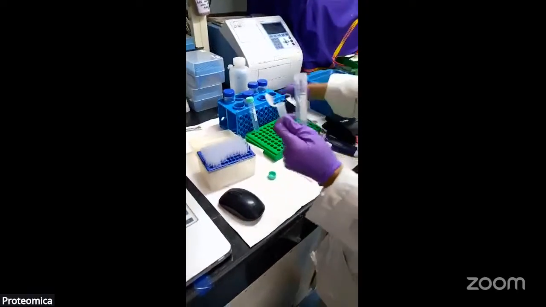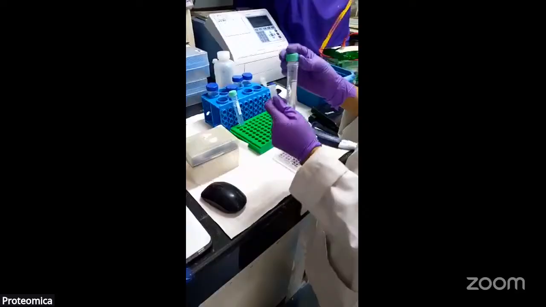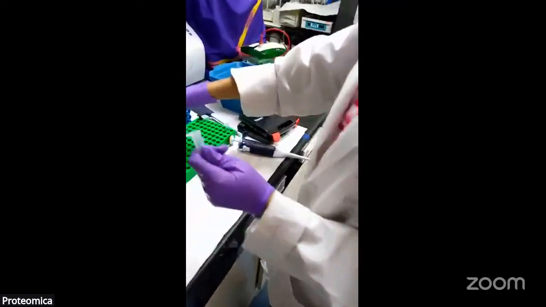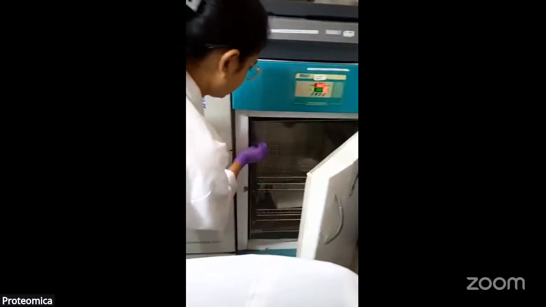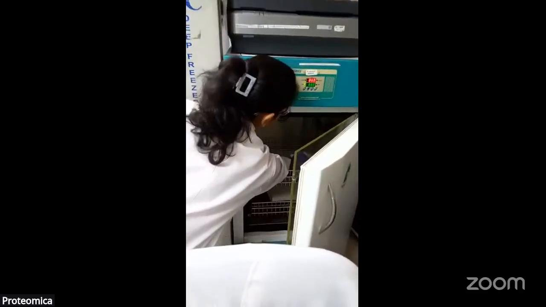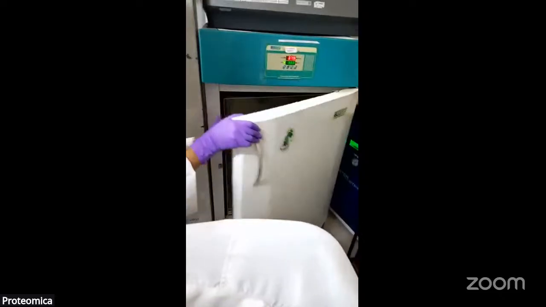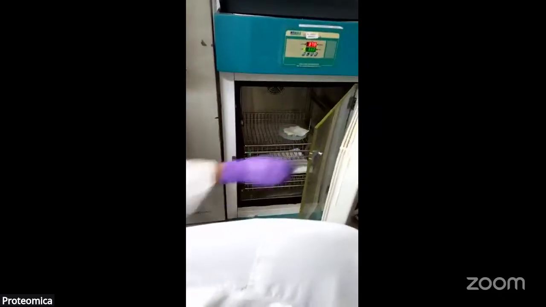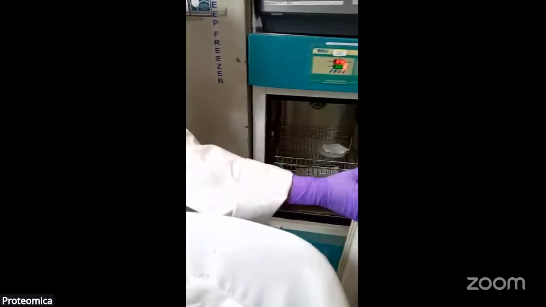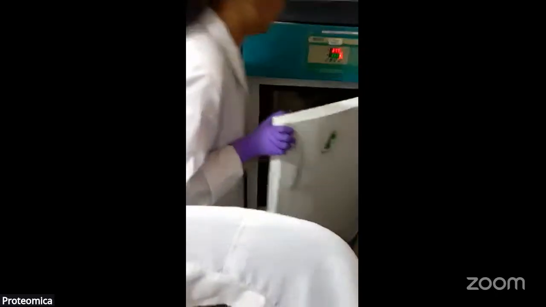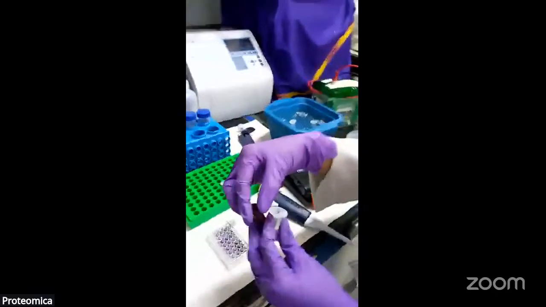Once the TCEP is added, you store it at 37 degrees. You can use the heating block, or we have an incubator at 37 degrees. Once the incubation is completed, bring out the samples. We will add IAA, the iodoacetamide.